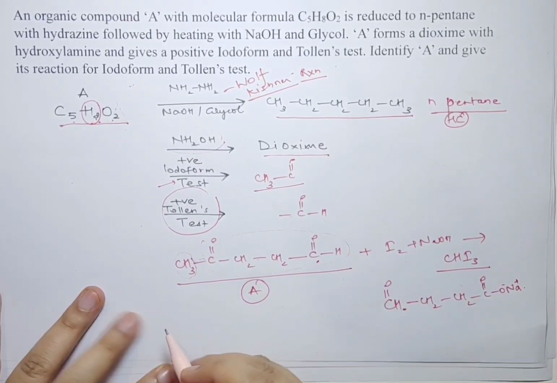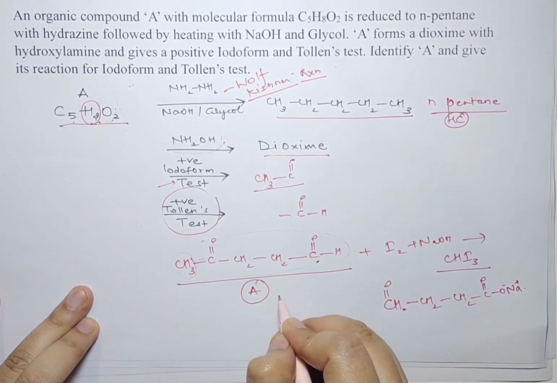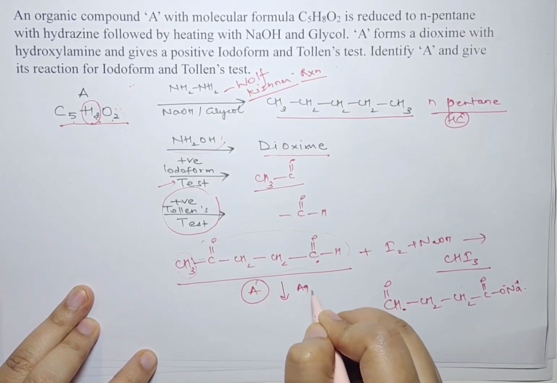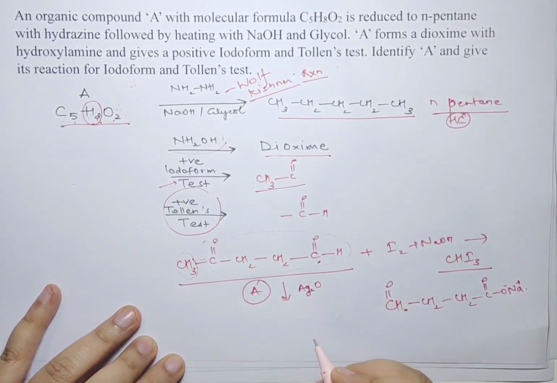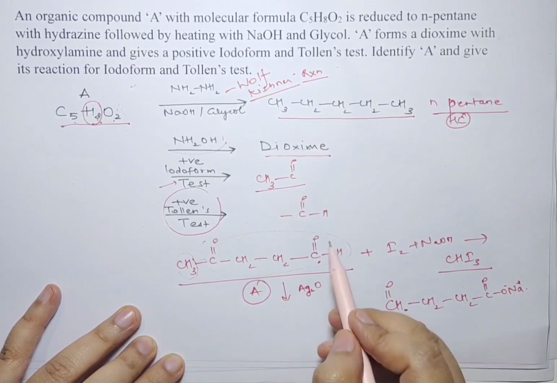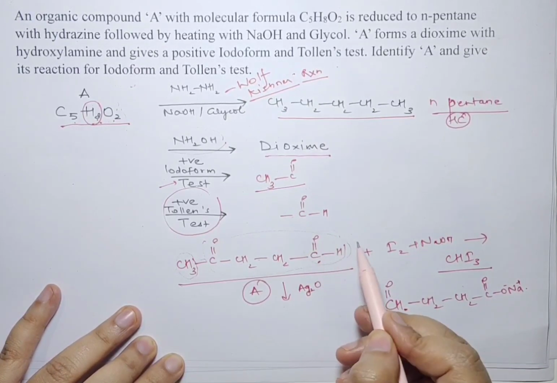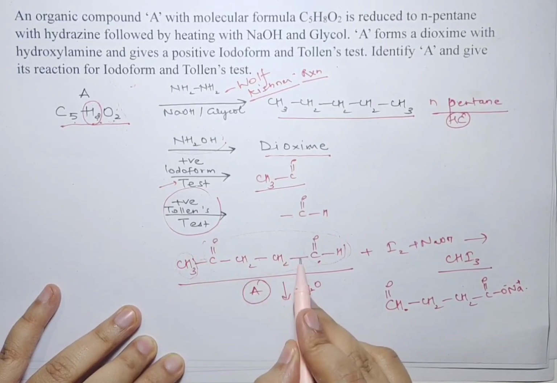Tollens test. In Tollens test, we have this compound plus Ag2O. That means Ag in plus form, +1 oxidation state. So in that case, the aldehyde group will get oxidized and rest of it will remain the same.